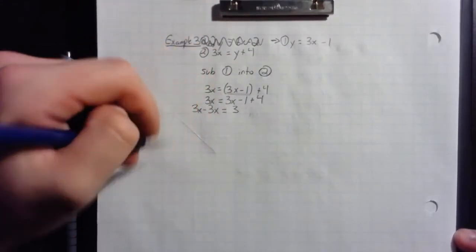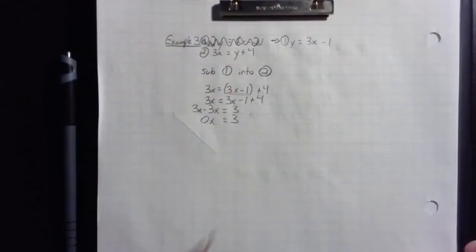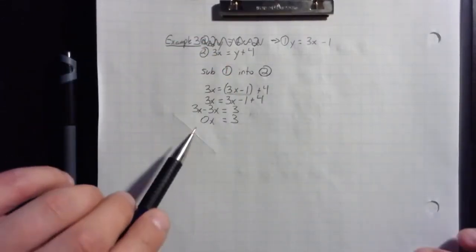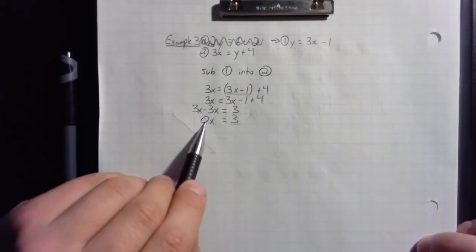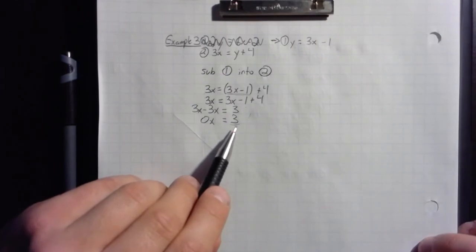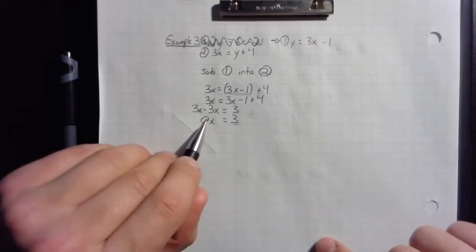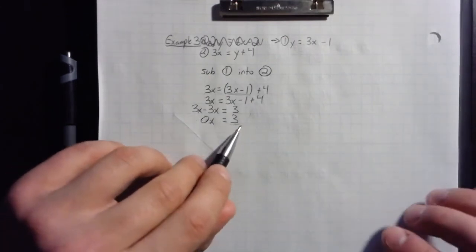So 3x minus 3x gives me 0x equals 3. So this is kind of like the example we had prior to this one. However, we notice that now 0 times something must equal 3. Well, let's think about that. 0 times any number is always going to be 0. It will never be 3.